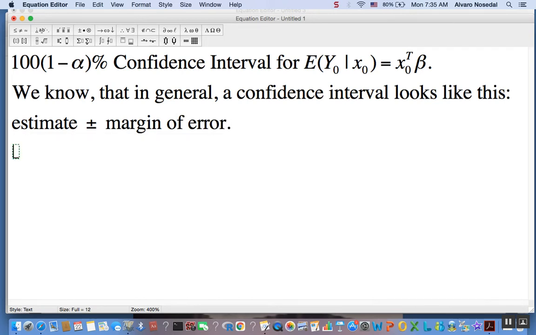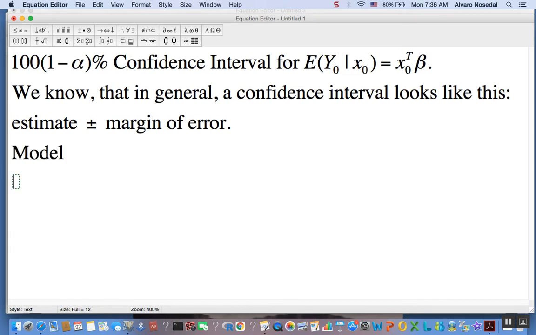So first, let's talk about our target. Our target is estimating that expected value. Let's be very clear about the model that we're going to be discussing.